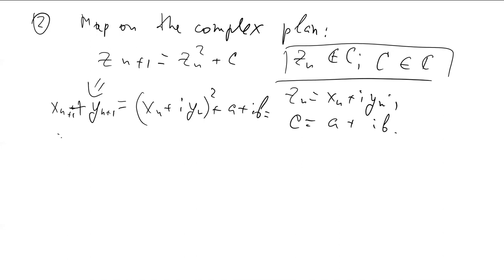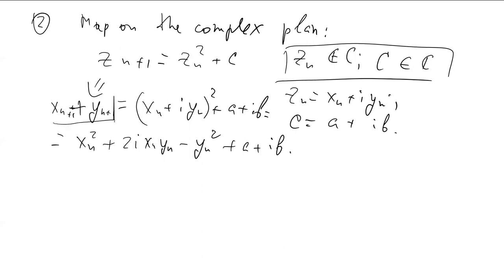So this will be equal to xn squared plus 2i xn yn minus yn squared plus a plus ib.